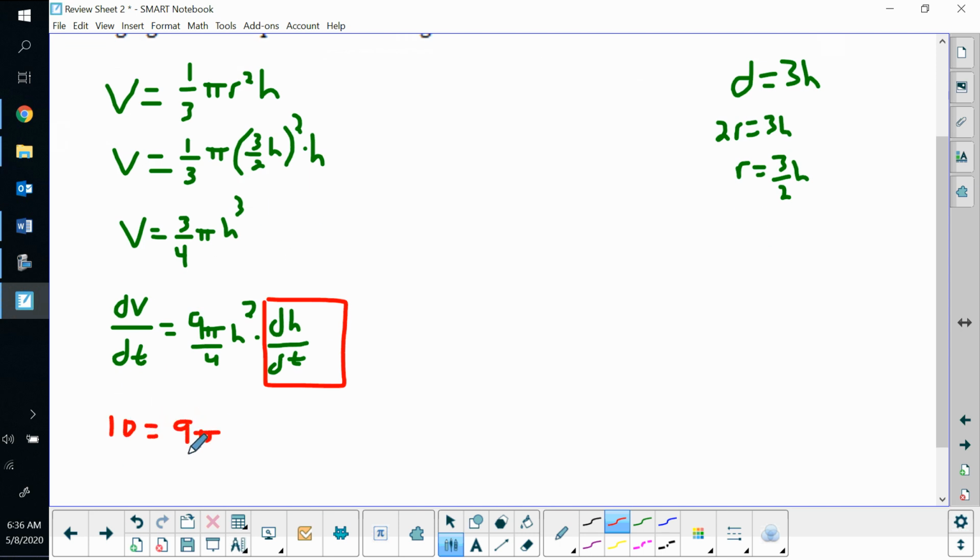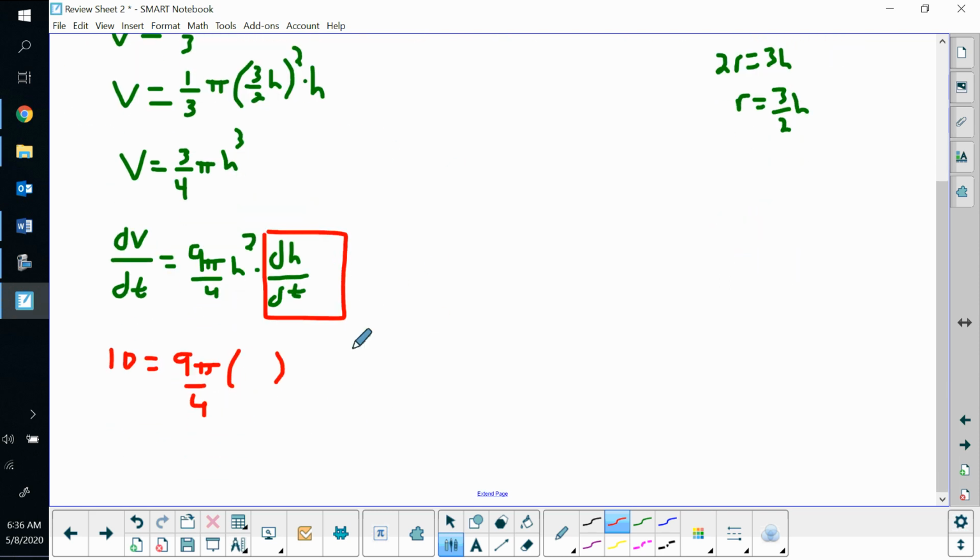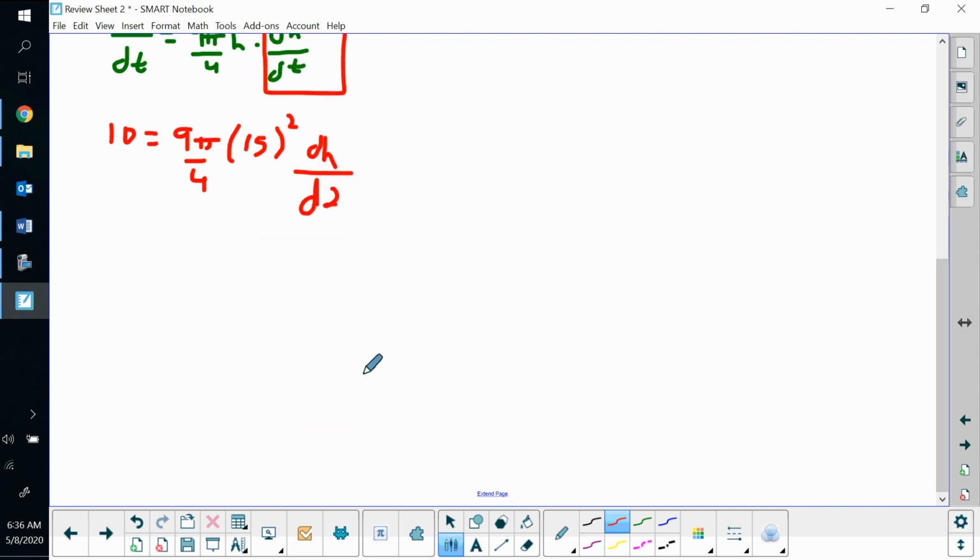Then we got the 9 pi over 4. They wanted us to find at the instant that the height is 15. And then we've got the dh over dt. Since you don't have a calculator, you could multiply the 4 over and call that 40, and then just divide over the other stuff and call it 9 pi 15 squared if you wanted.